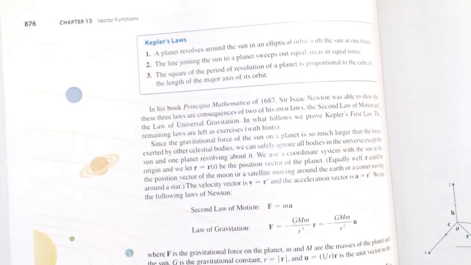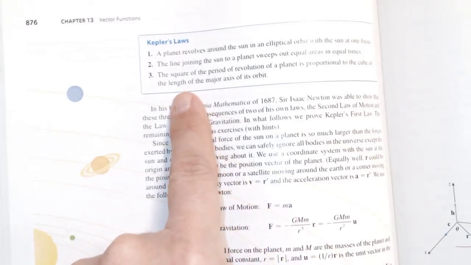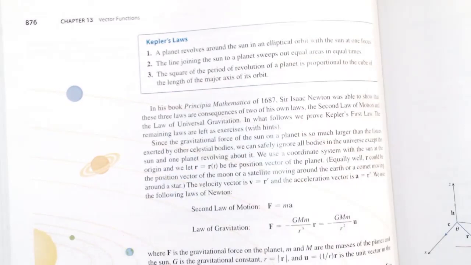The square of the period is proportional to the cube of the length of the major axis of the orbit. So we can measure period and orbital behavior just by looking at how long it takes a planet to move. We figured out how long it took Jupiter to go around the sun by watching it move through the heavens, and that was what we used to figure out how far away it was.